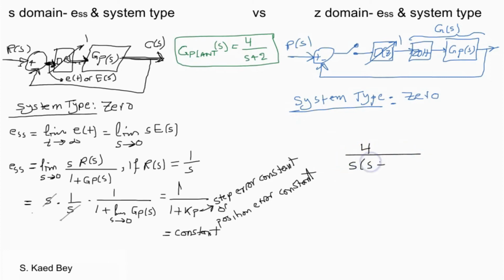But how does the system type affect the steady-state error? Suppose that we have the following forward transfer function with an added s in the denominator, i.e. the system type now equals 1. If we apply the steady-state error relation again, we end up with a steady-state error of 0.